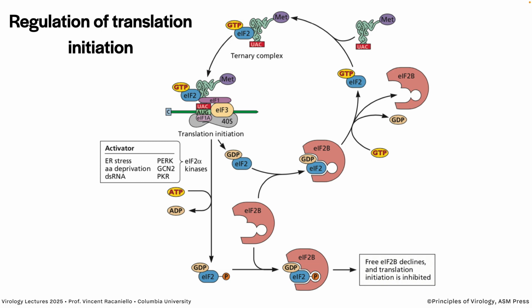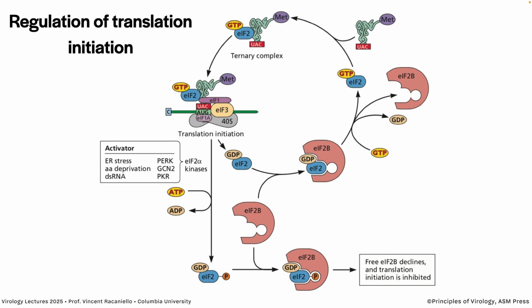EIF2B grabs these two, EIF2 and GDP, and exchanges the GDP for GTP. So it's a guanine exchange factor, or guanine exchange protein. So the EIF2 stays in there, the GDP goes off, the GTP is substituted, and then the whole thing is released so it can join up with the new MET tRNA and do another round of initiation.